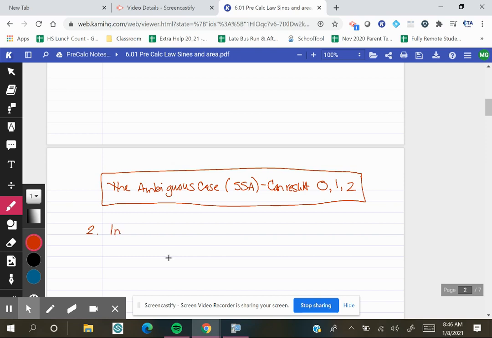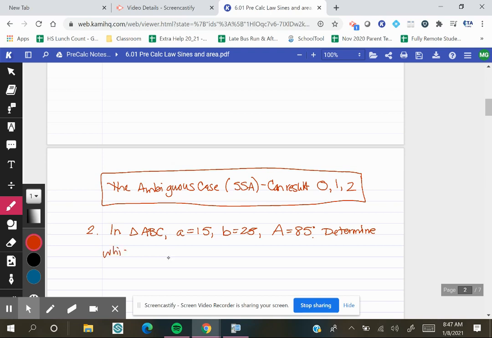So in this one, let's see which of those 3 cases we have. So in triangle ABC, lowercase a is 15, lowercase b is 25, capital A is 85. Remember, lowercase letters are sides, uppercase are angles. So here you can see I'm given 2 sides and 1 angle.